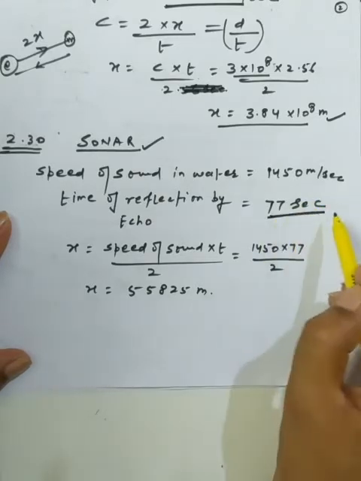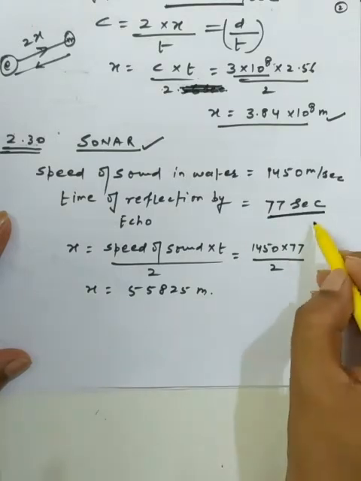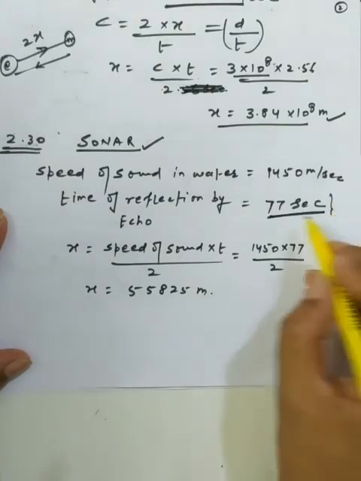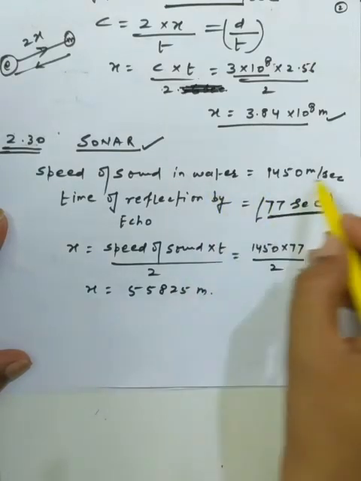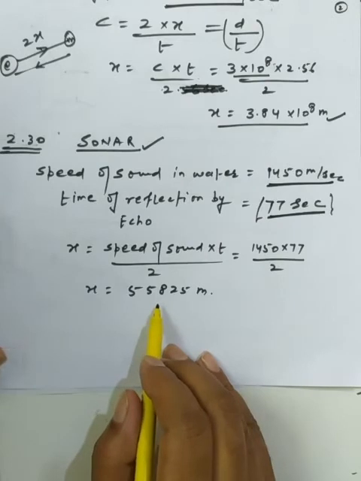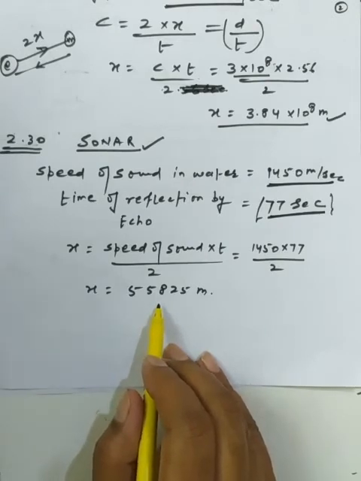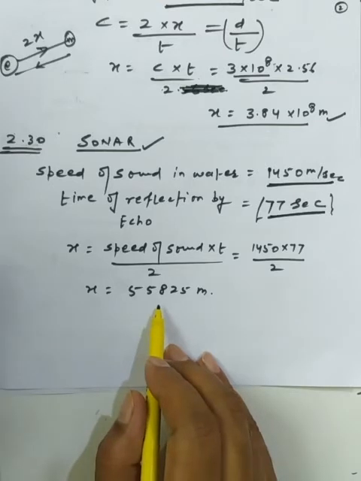That means we receive the reflection of the ultrasonic wave from the submerged object in 77 seconds, and the speed of sound in water is 1450 meter per second. So how far away is the submerged object?